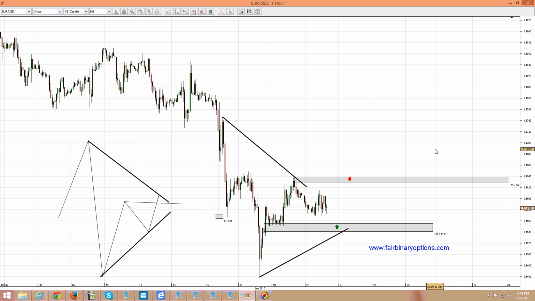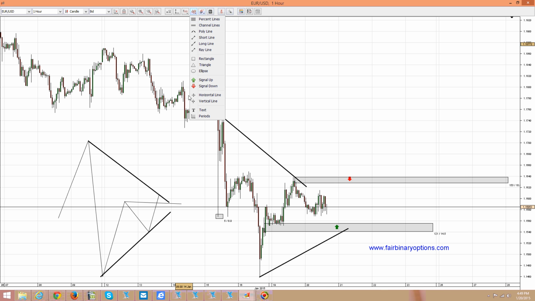However, we have a big important fundamental event coming out of Europe with the ECB due on Thursday, and therefore we need to plan it very carefully.